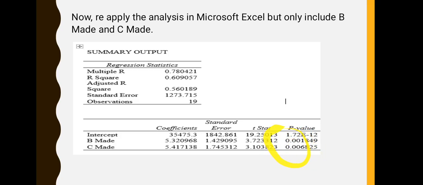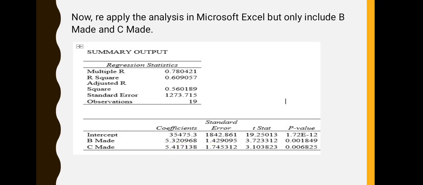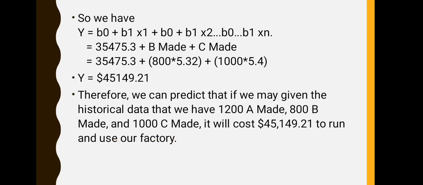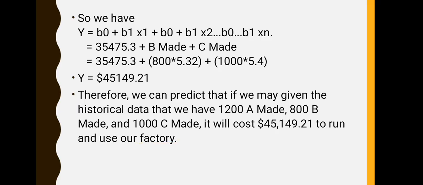They are both included in our formula. Here we have y equals b sub 0, the constant, plus b1 x1 plus b2 x2, which are B made and C made, and our constant would be 35,475.3, the coefficient for our intercept.